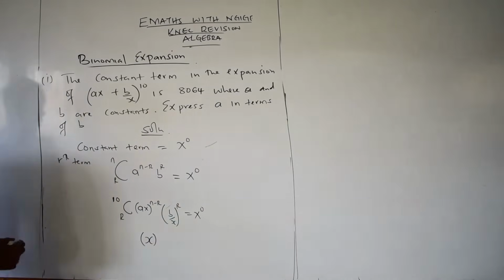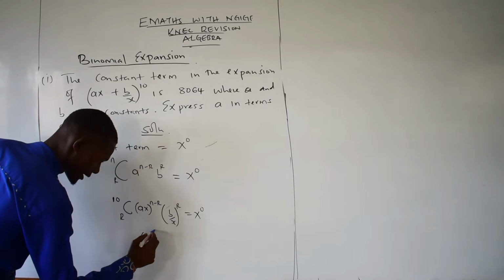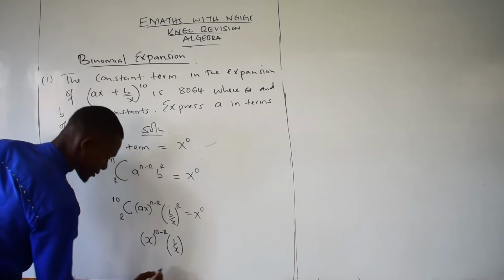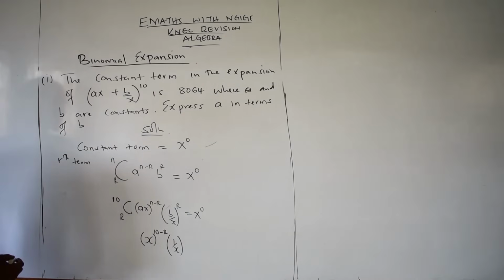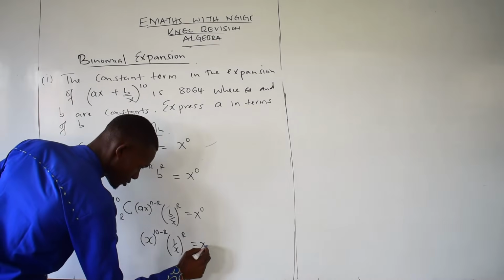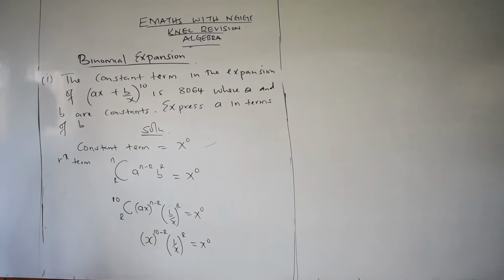So we shall have only our x, then our n is 10 minus r, then 1 over x, remember, we are ignoring the constants, to the power r equals x to power 0.